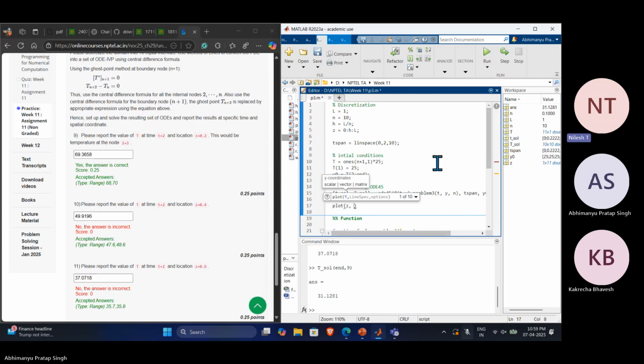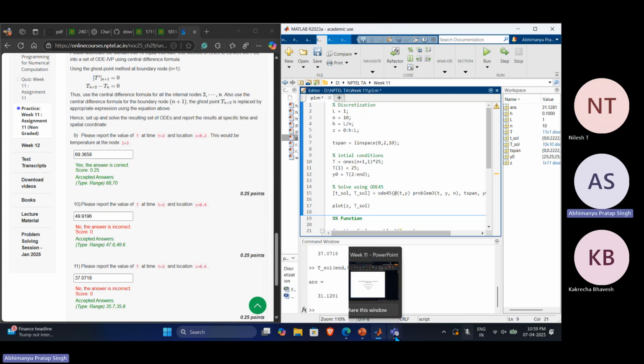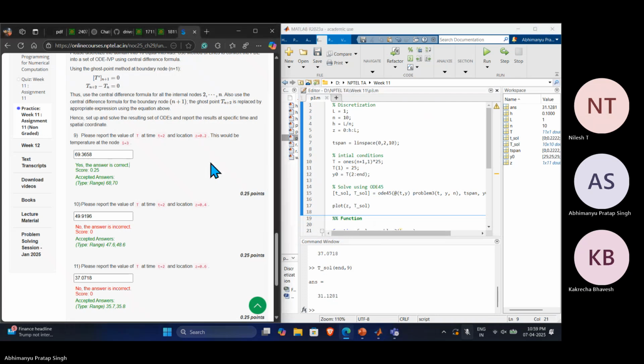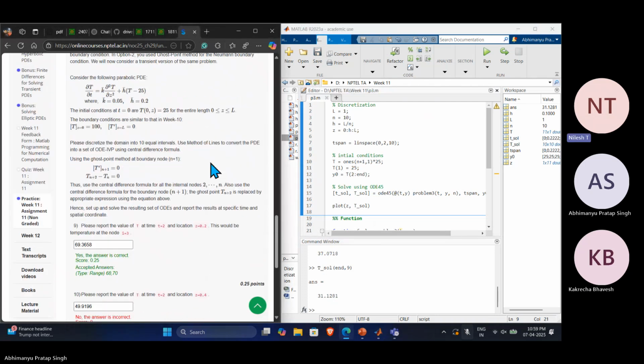I am getting 80 degrees for the first answer. Hello. What? I got 80 degrees for 0.2.